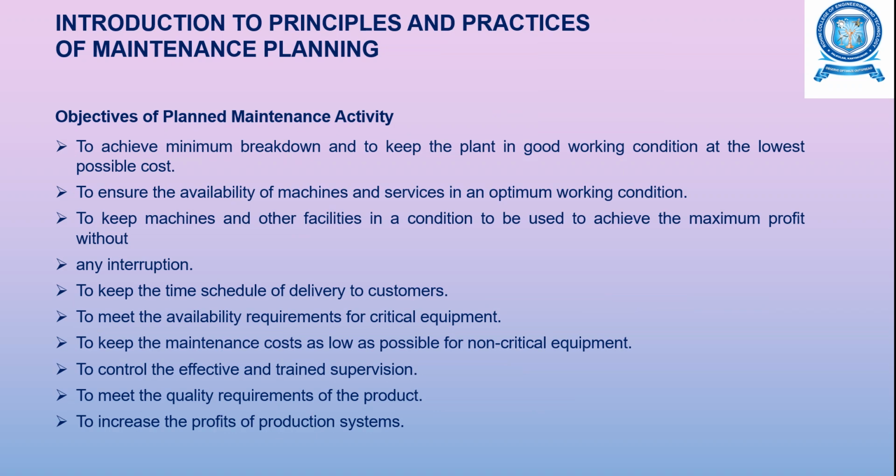The second one is to ensure the availability of machines and the services in an optimum working condition. Availability of machines is very, very important, and the services for them should be optimum in order to run the machine properly. The third one is to keep machines and other facilities in a condition to be used to achieve the maximum profit without any interruption.